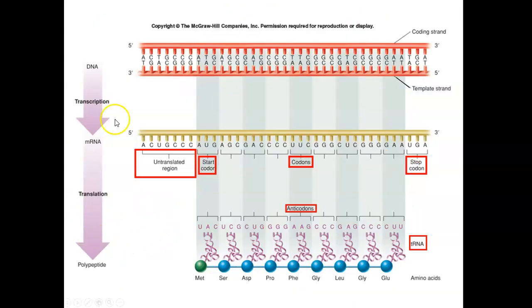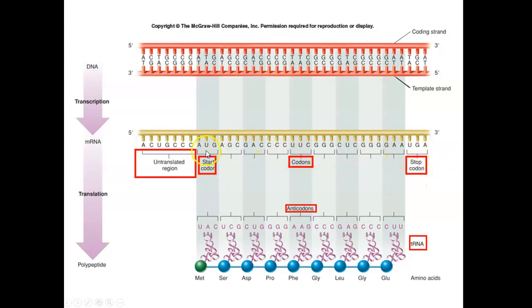All right, so again, if we've started with our DNA and that then encoded for a particular mRNA, we're going to have this 5' UTR, and not shown here, our 3' UTR, that's our untranslated regions. We are going to begin this whole process of translation at a start codon, and that will proceed through until we hit a stop codon.